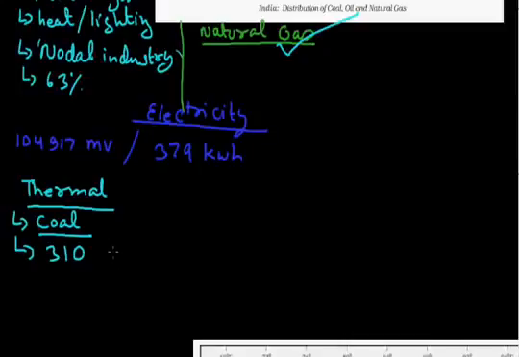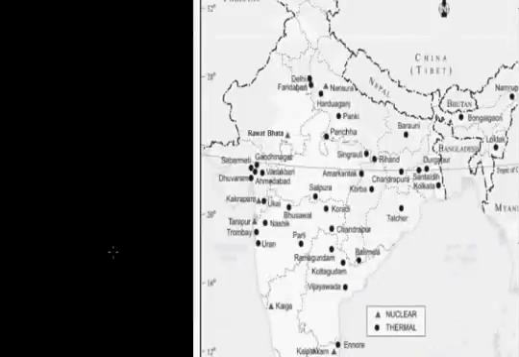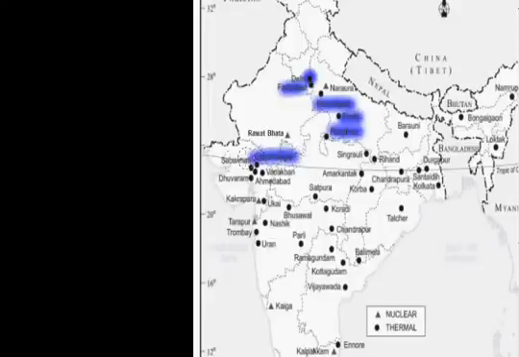You can see these thermal power plant in this map of India: Delhi, Faridabad, Hardojganj, Panki, Paricha in North India. In West India, Gandhinagar, Sabarmati, Dhuvrawaram, Vanagbari, Ahmedabad, and Ukai.